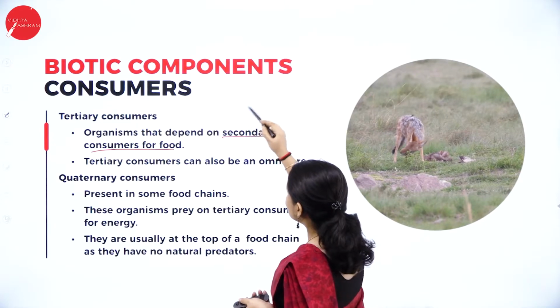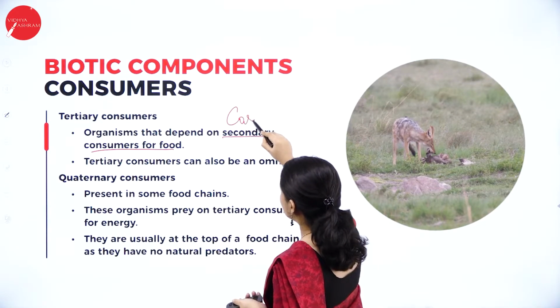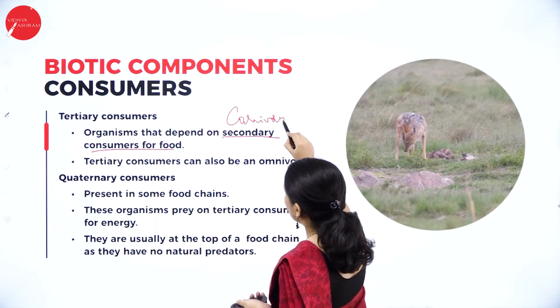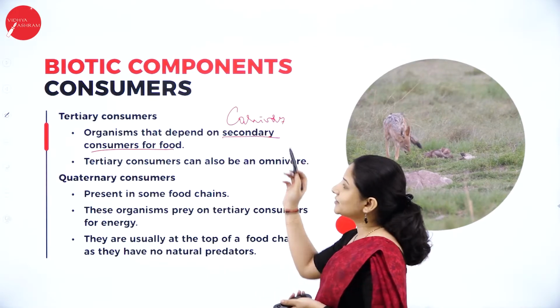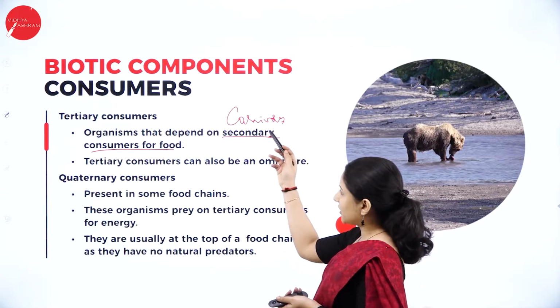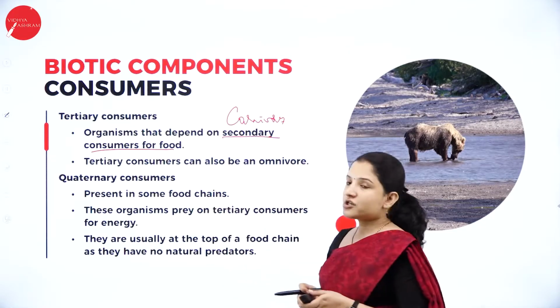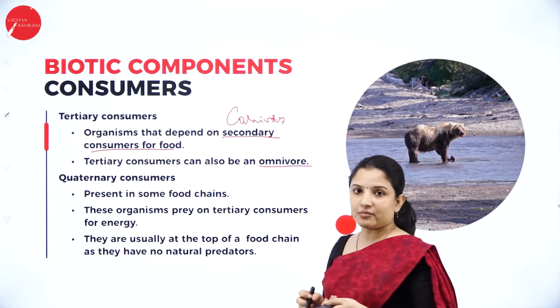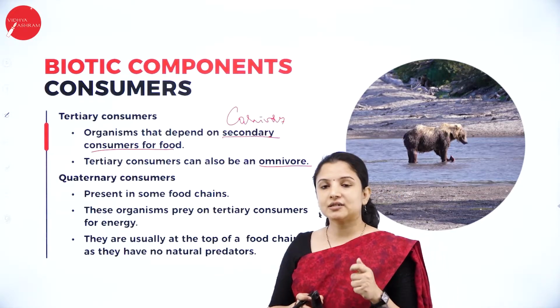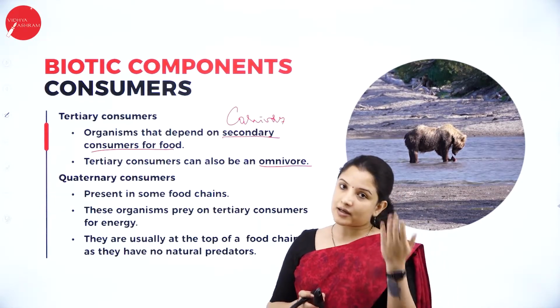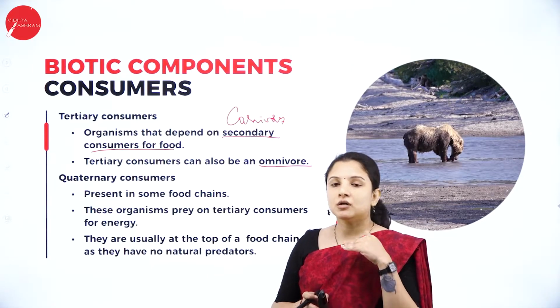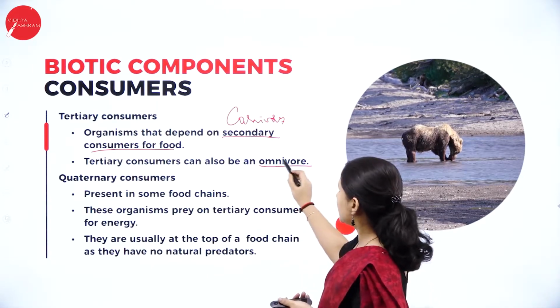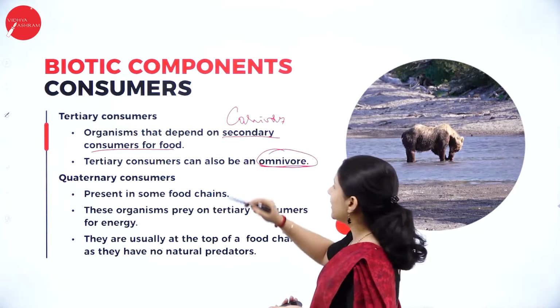So here, the carnivorous organisms that feed on the secondary consumers, that is the carnivorous, are called the tertiary consumers. Tertiary consumers can be an omnivorous animal as well. Omnivorous animals are the ones that feed on carnivorous as well as herbivorous animals. So that is why tertiary consumers can be omnivorous animals.